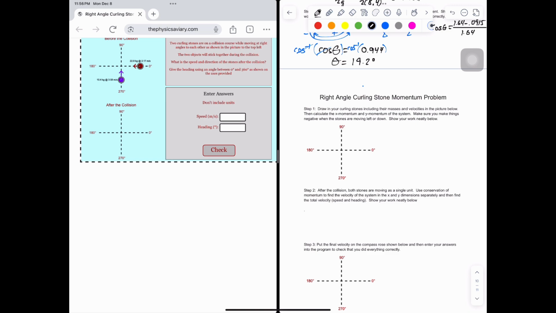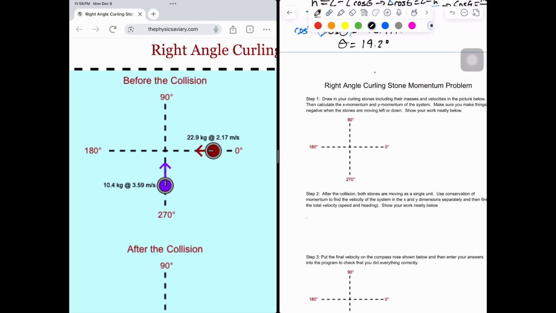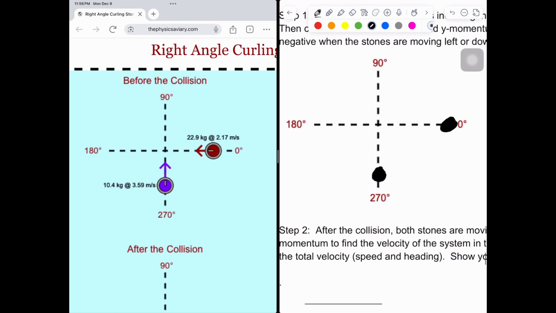First thing I think you should do is take a second to list your information. All right, I'll do the same. Okay, so I'm going to call this bottom mass M1. Okay, and for me, it's 10.4 kilograms. And V1, I'm given, is 3.59 meters per second.